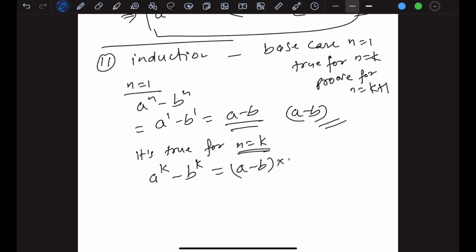Let that something be p. Okay, this is what we have assumed. This line means a to the power k minus b to the power k is a multiple of a minus b. Okay, multiple means where p is a natural number, right?